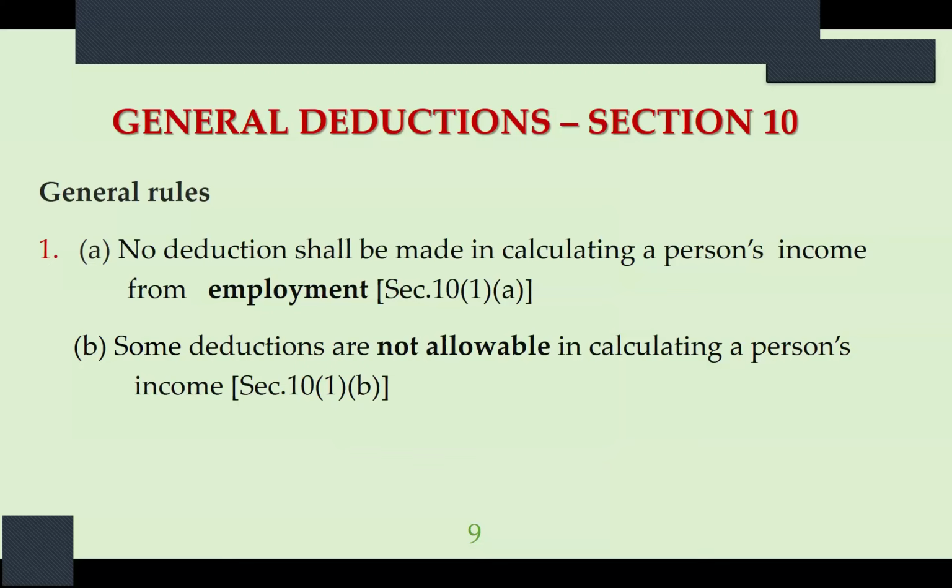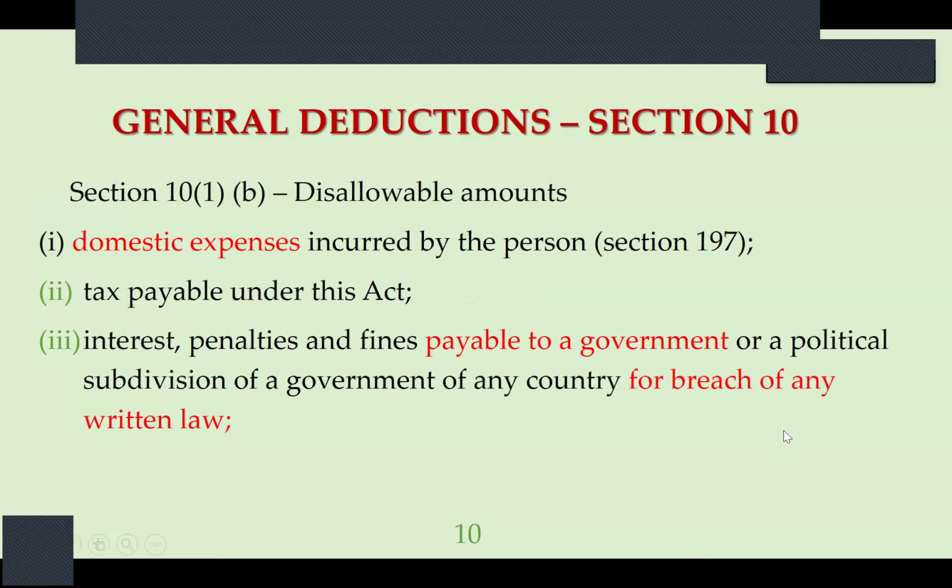So what are the items mentioned under 10(1)(b)? I will explain it later, because it is a very lengthy provision. Yes, it is here. So section 10(1)(b) says the items that are not allowable as a deduction.